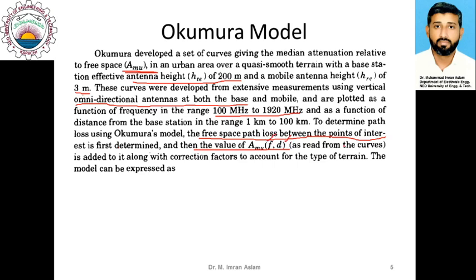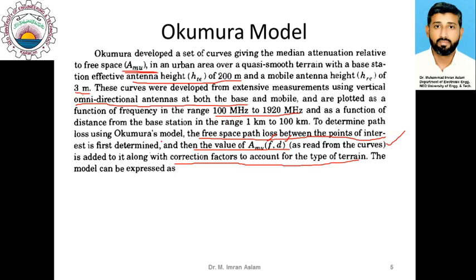It depends on the frequency and distance, and in order to calculate this AMU, we generally refer to some curves which I am going to show in a while. And then depending on the type of terrain and depending on the type of antennas, we need to apply some correction factors as well in order to calculate the overall model. So this is the overall procedure.